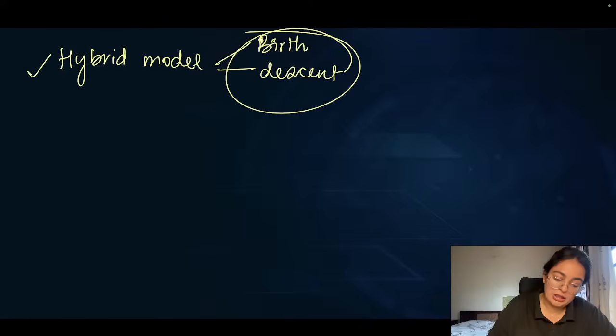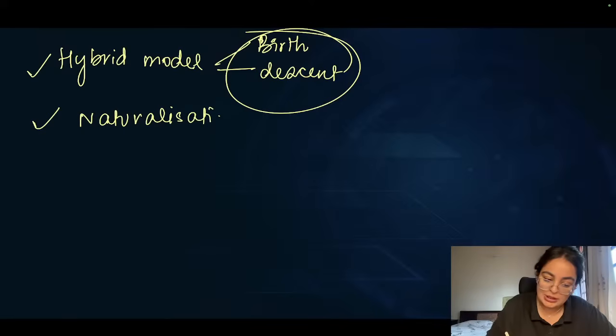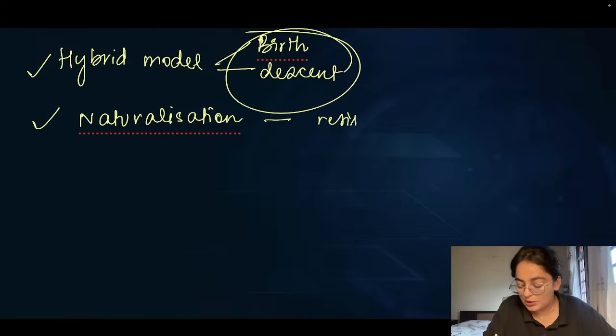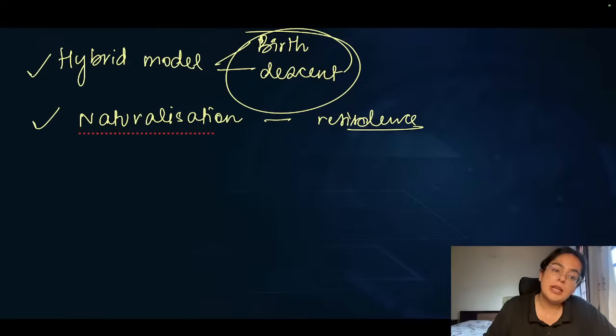There are also other models. For example, models such as naturalization. That means if you fulfill certain legal conditions, for example, residence for certain years, you know a language, you have shown good faith, character, etc. In that case also, India provides citizenship based on naturalization.